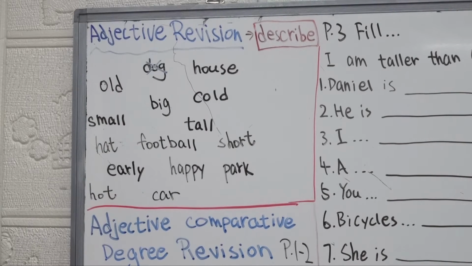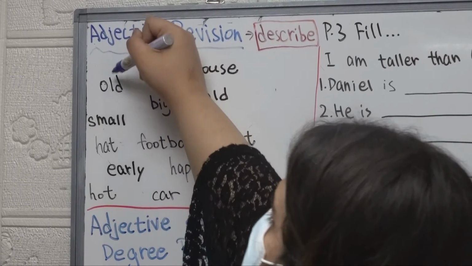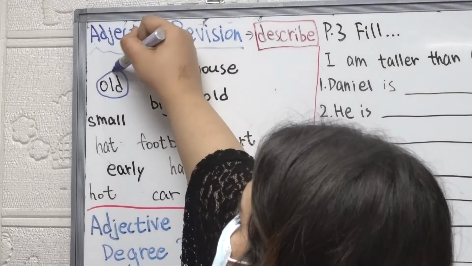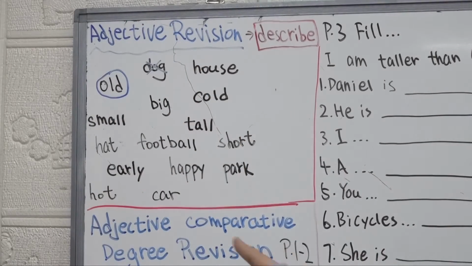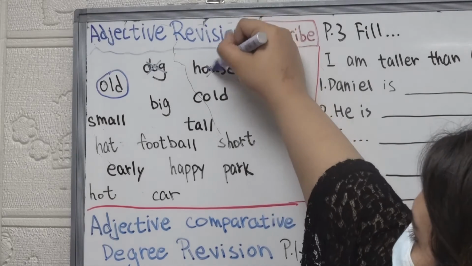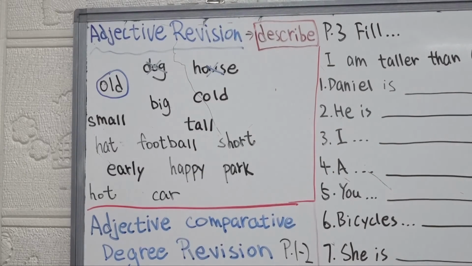Is this how you describe someone or something? Yes, right? Old, very good. And how about this word? House. Is house an adjective? No, right? It's a place. It is not used to describe something, right?